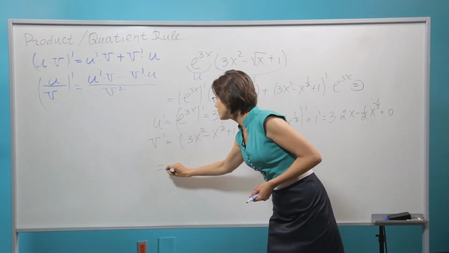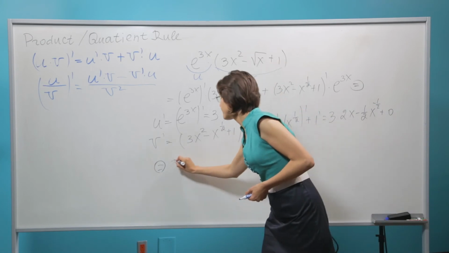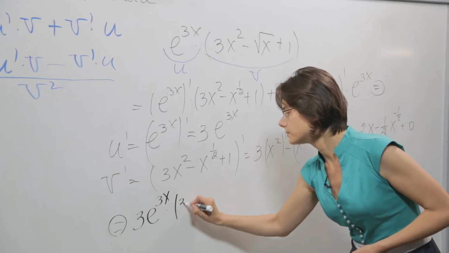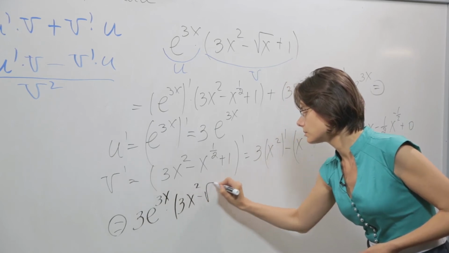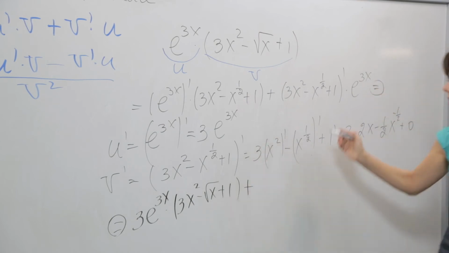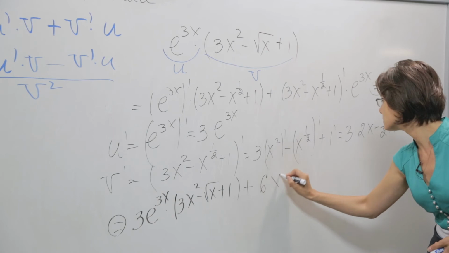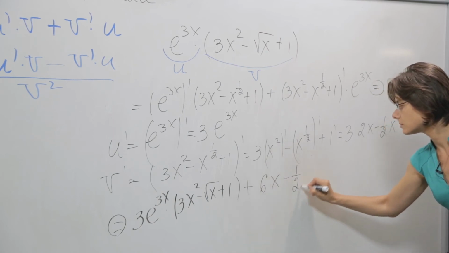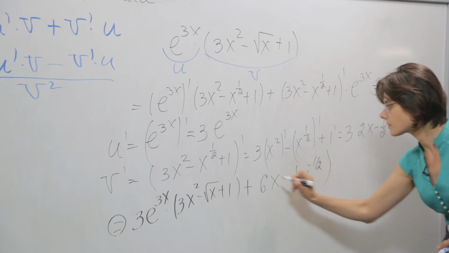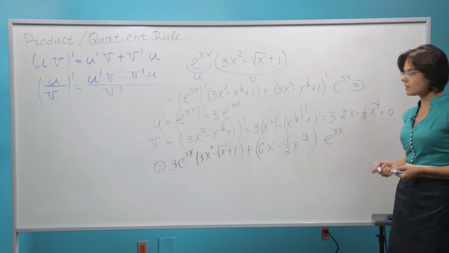So the derivative of the product will be equal to the derivative of u, we just found it, 3 e to the power of 3x, times function v, plus the derivative of function v, which is this, times function u. And this is our answer.